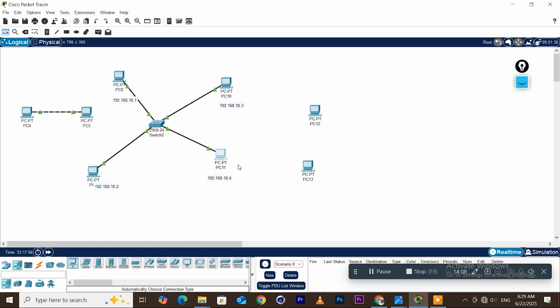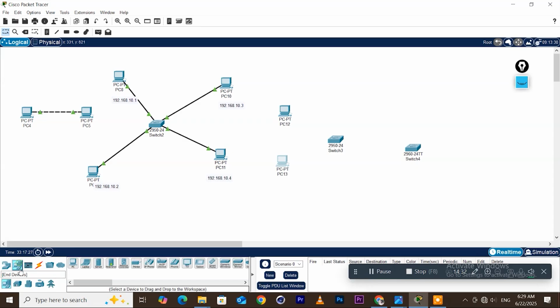Let's say these two PCs are for the IT department, and for that reason they will share a common switch. And then the sales department has their own switch.